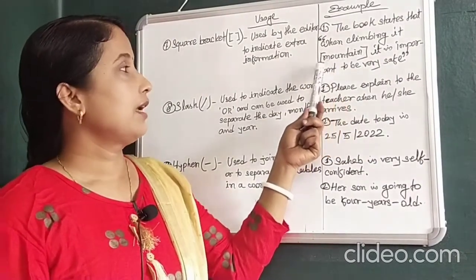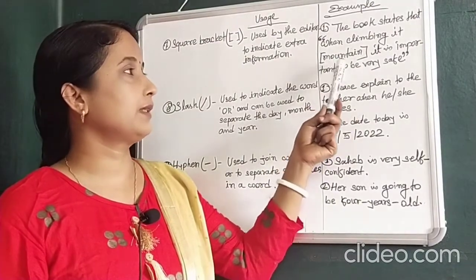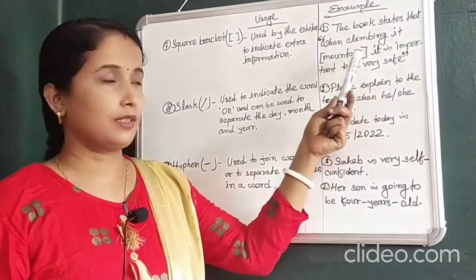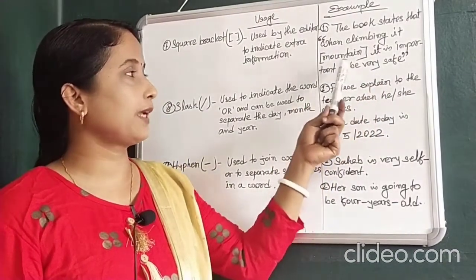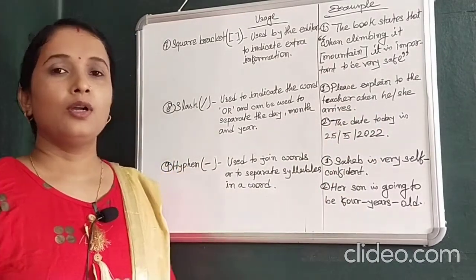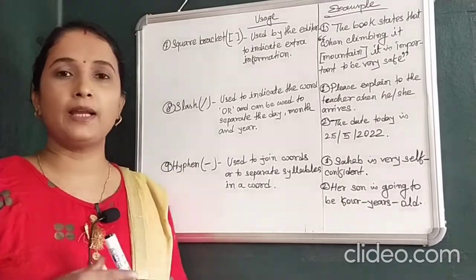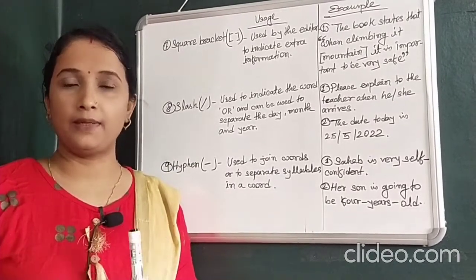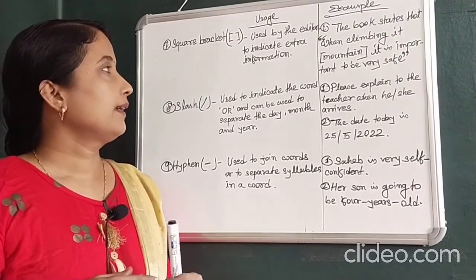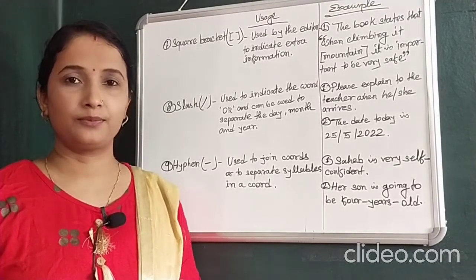So we use fourth bracket here. The editor uses fourth bracket because a mountain is extra information about it. It is very important to be safe. So fourth bracket means square bracket. Square brackets are used by the editor, editor of papers, editor of books, to indicate extra information in a paper or in a book.